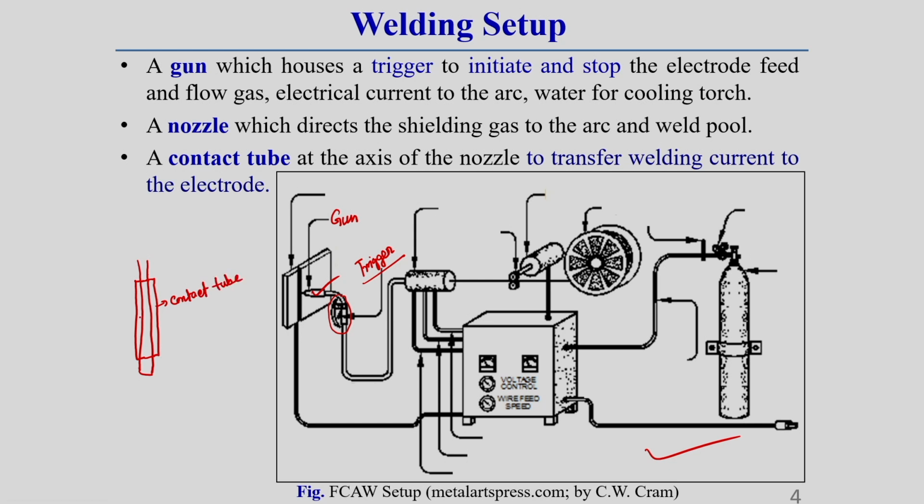This contact tube is directly connected to the power source cable, and it carries the consumable electrode. Outside this there is a nozzle. This nozzle is sometimes required, sometimes not.